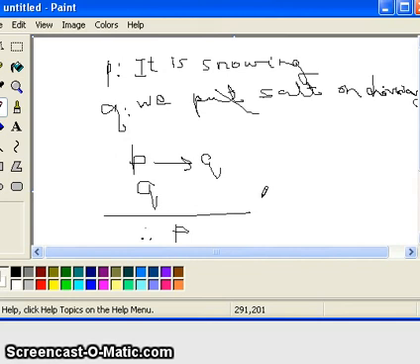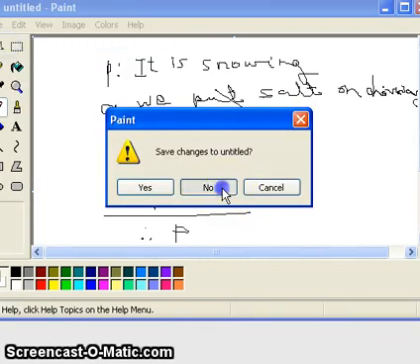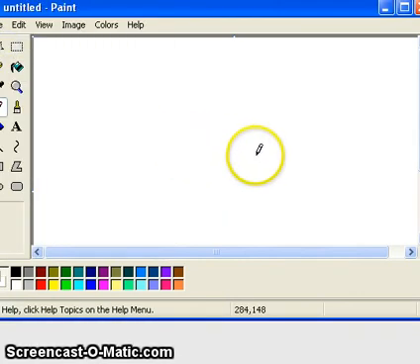That's not true. If it is snowing, therefore we put salt, that would have been a valid argument. But here it's the other way around, so it is not a valid argument. This is how you can understand it. If I twist the problem and rewrite it, I'm going to have to show you in a different video.